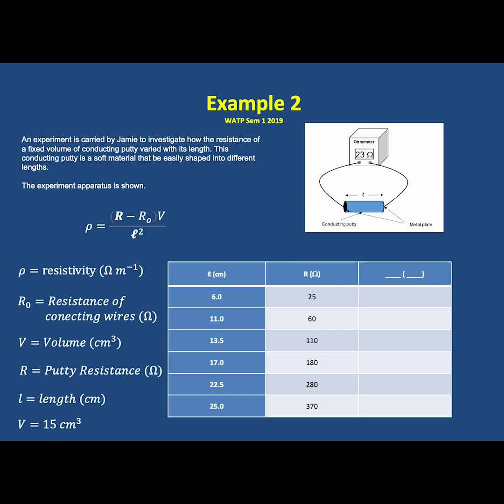R naught is the resistance of all the wires involved in the experiment, and that's a constant. We have another constant, volume of the putty, which will always be the same throughout each trial. And that's all divided by L, the length of each different cylinder squared, a variable.